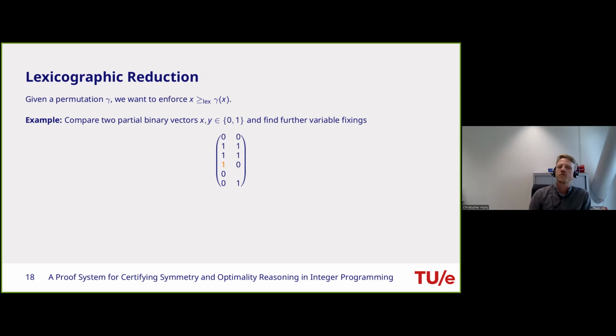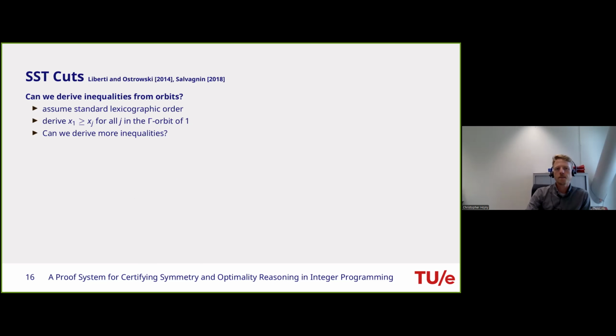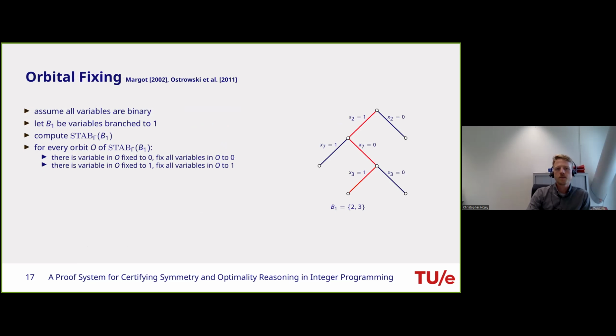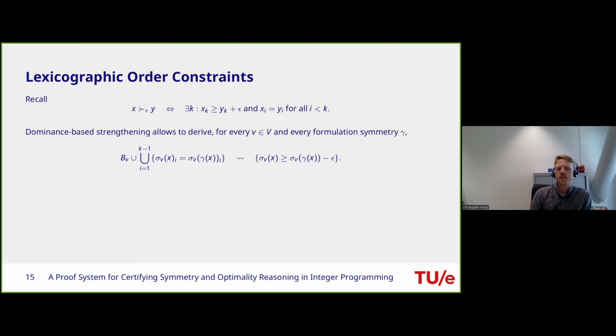And these are all reductions that can be derived from these simple constraints that we can derive via dominance-based strengthening. And this was a high-level overview of the symmetry handling techniques that we can verify in this proof system.